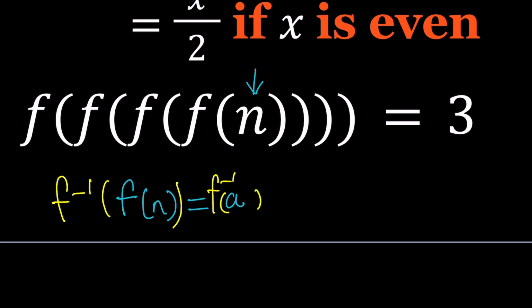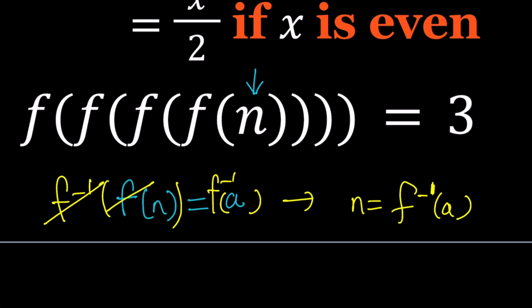And f inverse and f will actually cancel each other out, and from here, n is just going to be f inverse of a. So if we only have one application of f, then we just need to find the image under the inverse function, so we need to reverse everything. Make sense? So that's what we're going to do, and we're going to be thinking backwards.